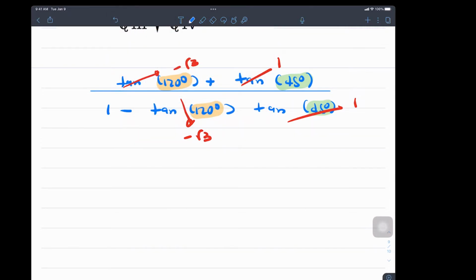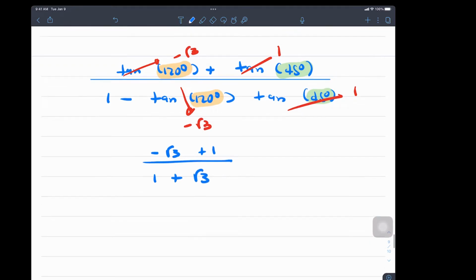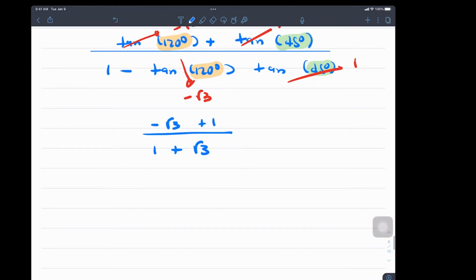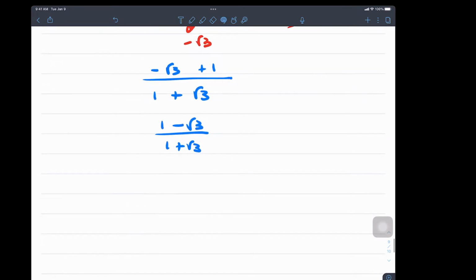This will be minus square root of 3 plus 1 over 1 minus a minus, that's 1 plus square root of 3. And so it looks like it's going to be 1 minus the square root of 3 over 1 plus the square root of 3, if I switch my terms here.